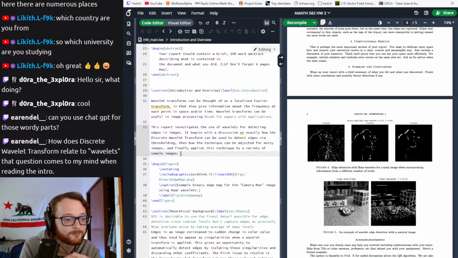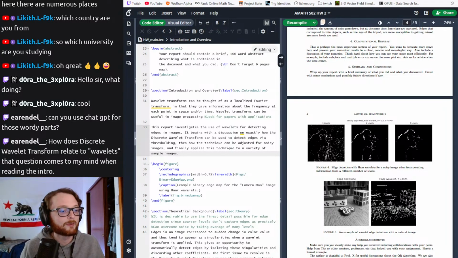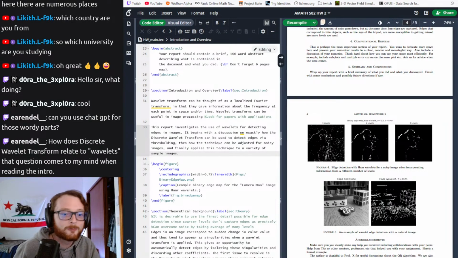How does discrete wavelet transform relate to wavelets? That question comes to mind. Okay, thank you for pointing that out, because I've been using them almost interchangeably.